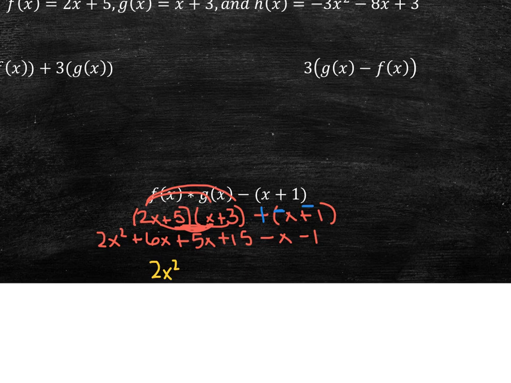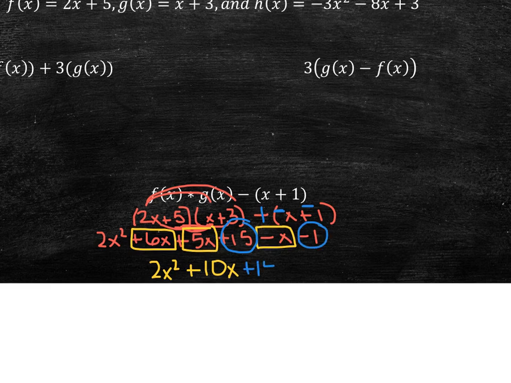Then we're going to have 6x plus 5x plus a negative x. 6 and 5 is 11 minus 1, that would be 10, so 10x. And then we have 15 minus 1, so that's going to be 14. And that is your answer. That's the most simplified you can get.